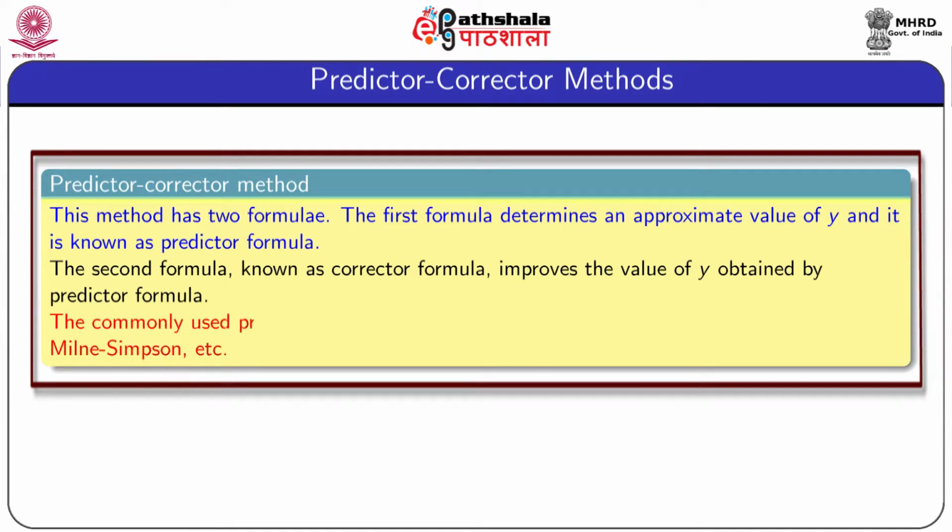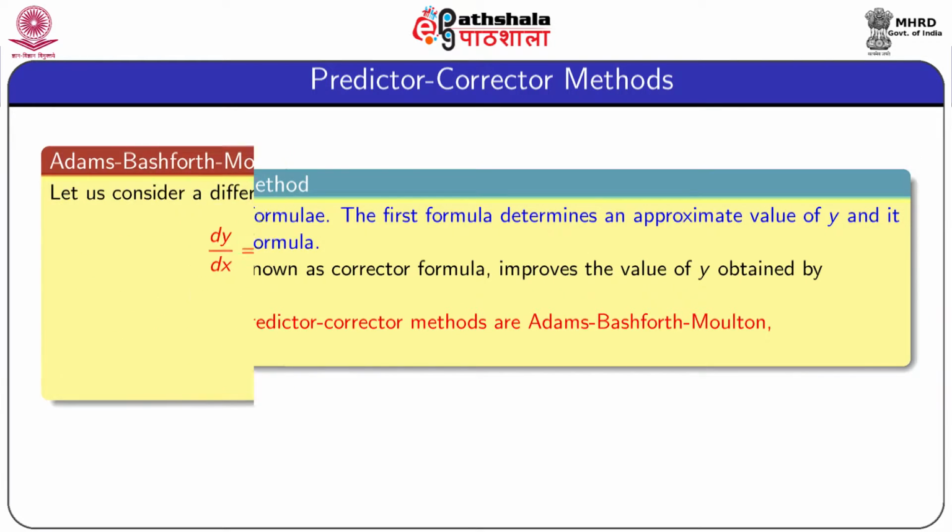So, these two formulae are used in the predictor-corrector method. The commonly used predictor-corrector methods are Adams-Bashforth-Moulton, Milne-Simpson and many others. In this module, we consider these two predictor-corrector methods to solve first order ordinary differential equations.